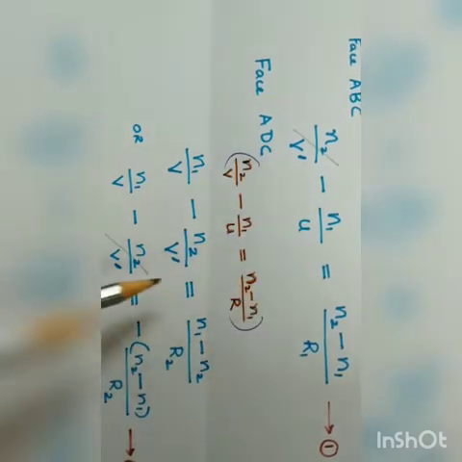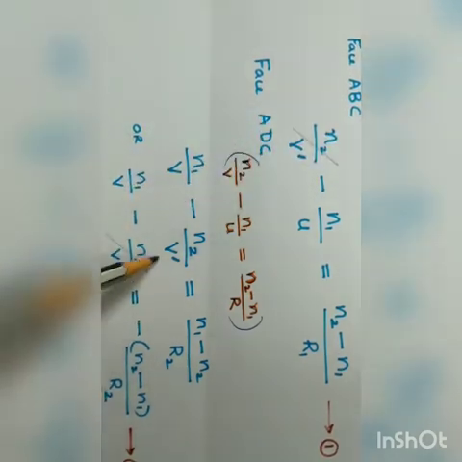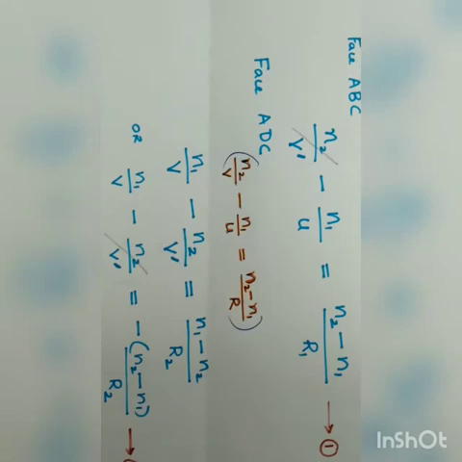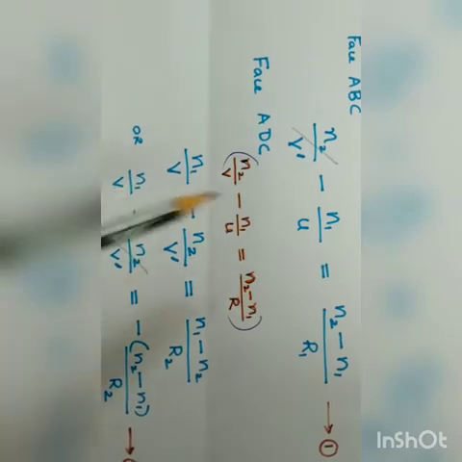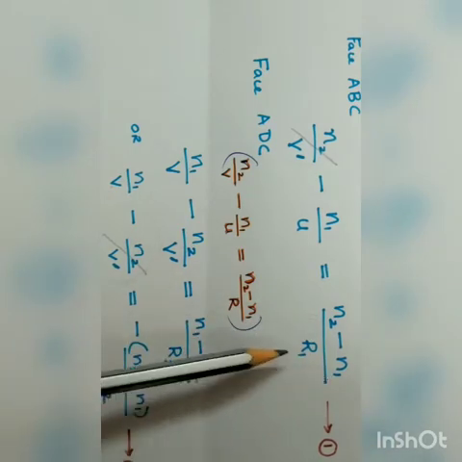Because in equation 1 and equation 2, when you are adding, one is positive, one is negative. Plus and minus, same terms get cancelled. And what is remaining? N1 by V minus N1 by U equals, again you have the common N2 minus N1.